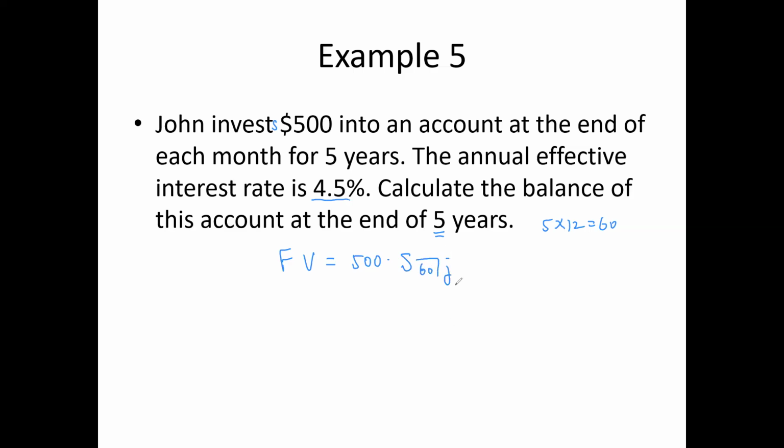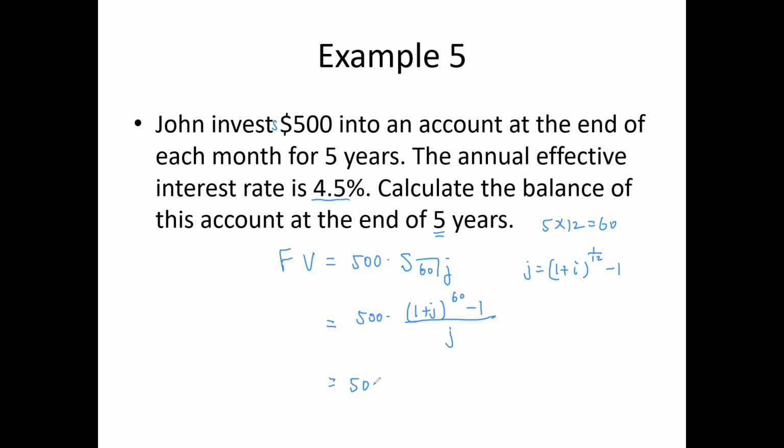So that's the formula: 500 times (1 plus j) to the 60 minus 1, over j. To find j, we have this formula: j equals (1 plus i) to the 1 over 12, minus 1. 1 plus j raised to the power 12 gives you 1 plus i, where i is the annual effective rate.